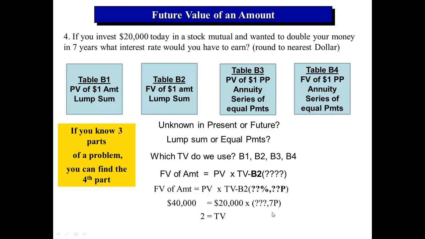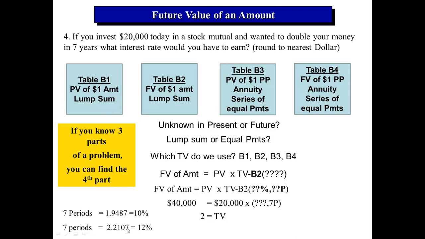So if we're looking for what interest rate is going to be required to do this, and we know that the table value is 2 and the number of interest periods is 7, here's how we can solve this. We go to 7 periods and we look under 10% and 12%. That's the 2 that are in a row right there. You can see that under 10% for 7 periods it's 1.9487, and for 7 periods at 12% it's going to be 2.2107.